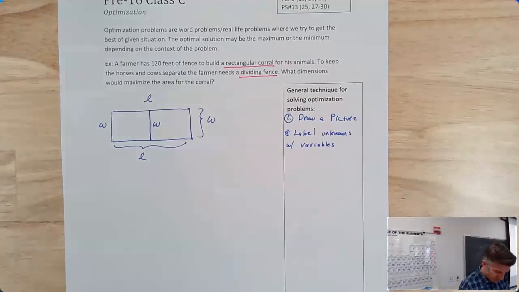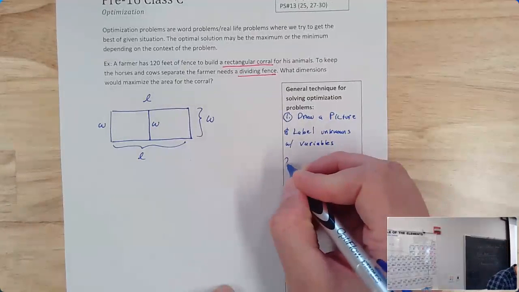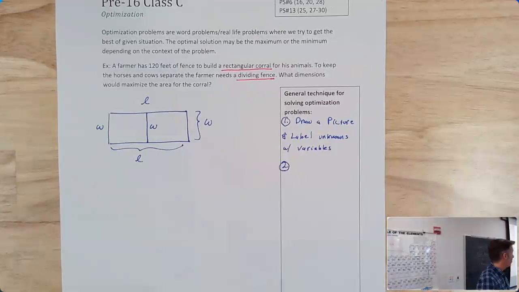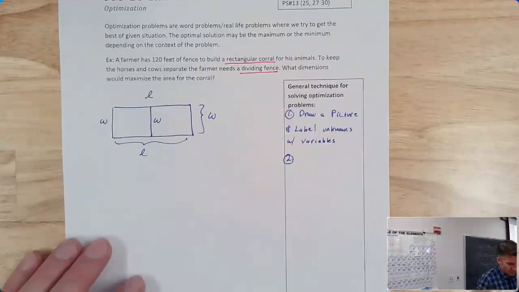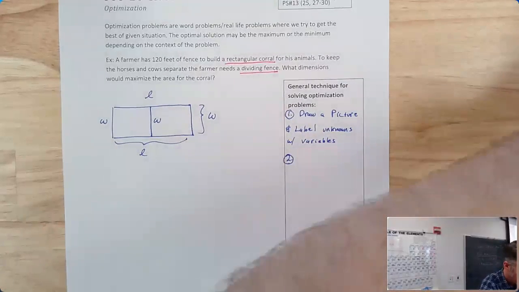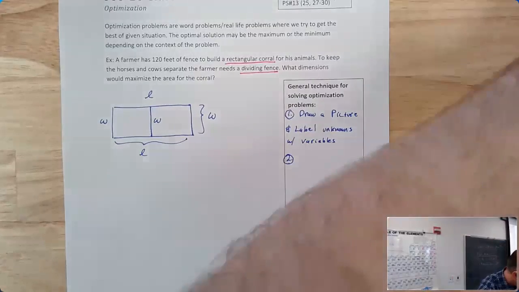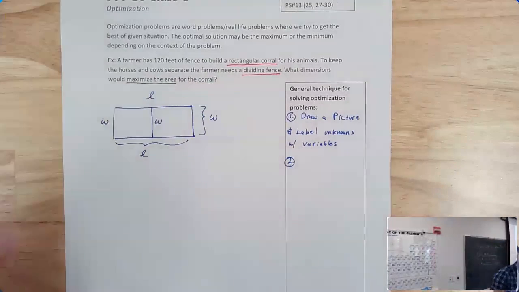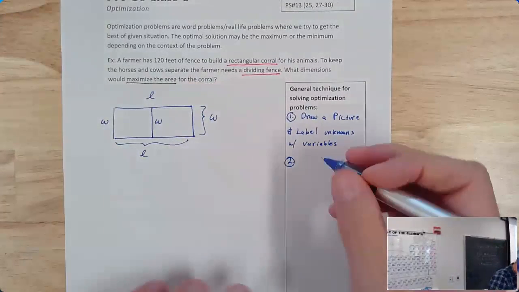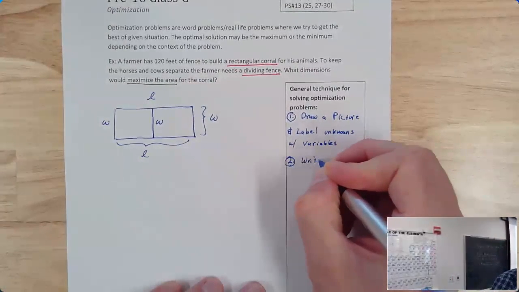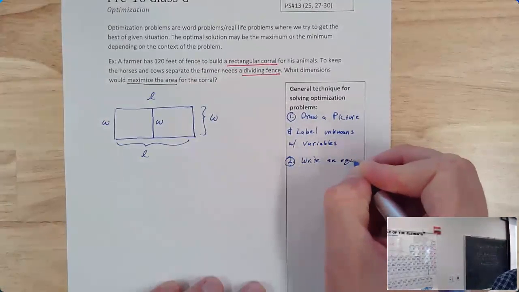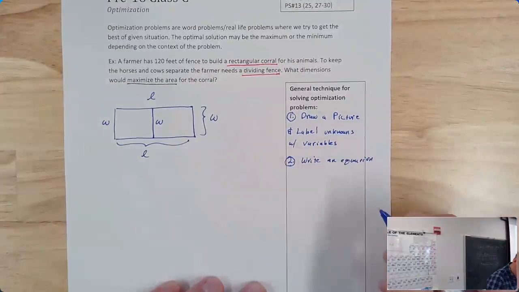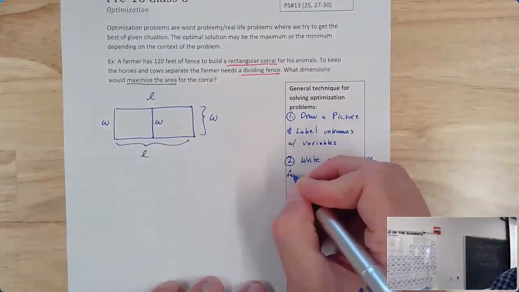Okay, so now step 2. We want to write an equation for the thing that we are trying to either maximize or minimize. In this problem, we are trying to maximize the area of the corral. So I want to write an equation for the thing I'm trying to optimize.